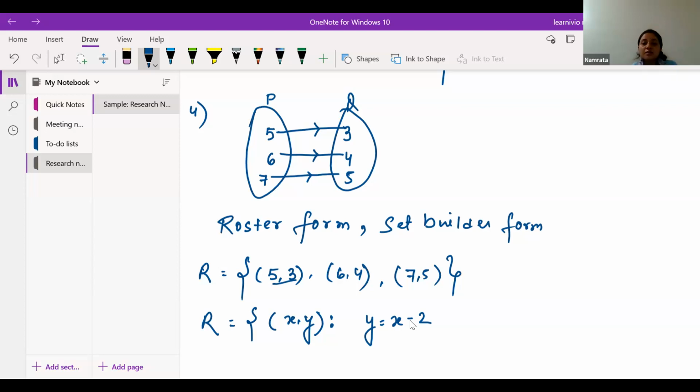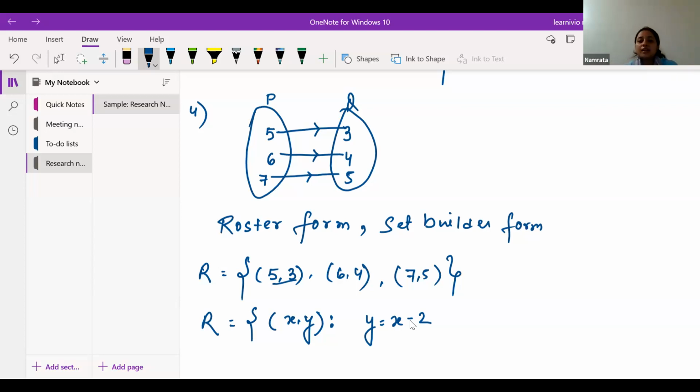Can you see, Izan? This way we have to identify the pattern and write a relation or equation between x and y, how exactly the data is there in the ordered pair. Is it 2 more, 2 less, 3 times, then 2 more? You have to identify the pattern.